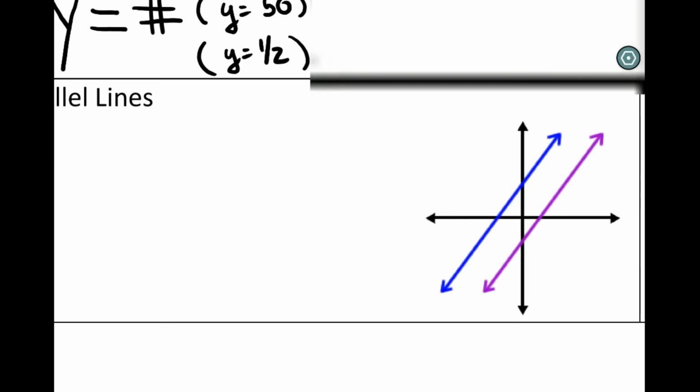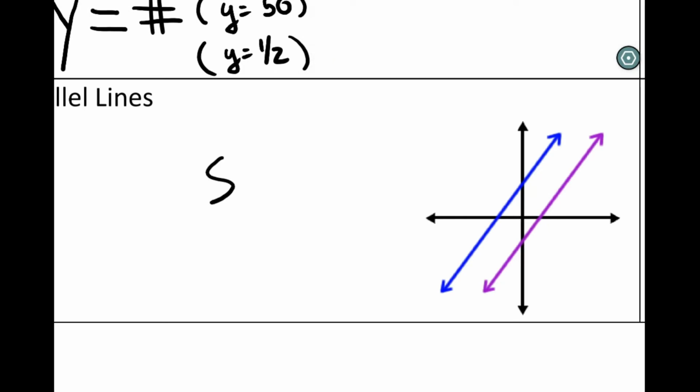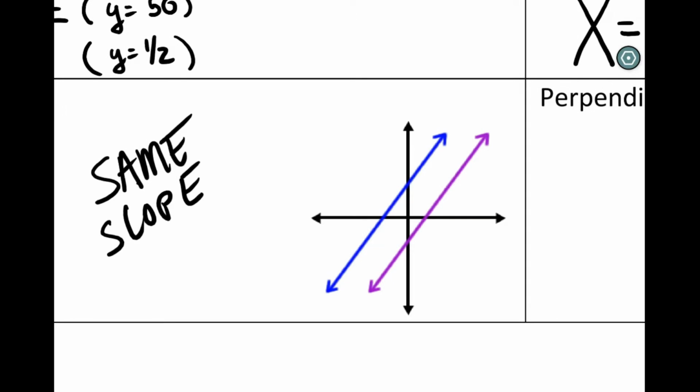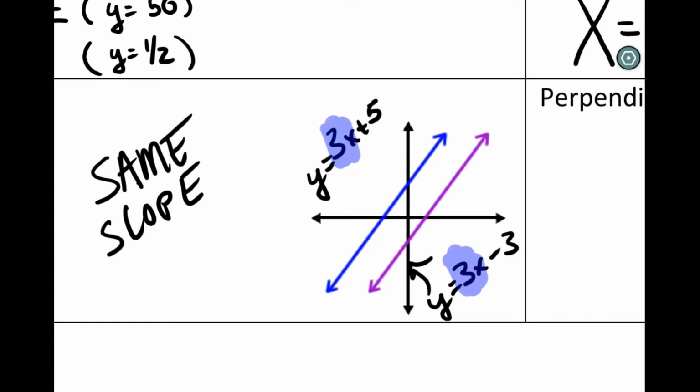Parallel lines have the same slope. For example, if the blue line has the equation y equals 3x plus 5, the purple line has to have the equation y equals 3x, maybe with a different y-intercept. The slopes, though, for parallel lines have to be the same.